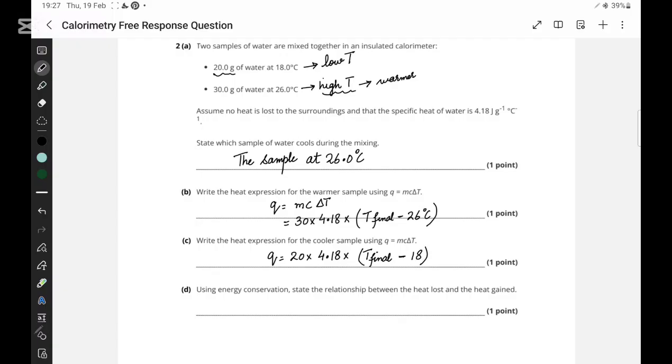Use energy conservation, state the relationship between heat lost and heat gained. We know that heat lost equals the heat gained by the other sample. With no heat lost to the surroundings, any heat lost by one sample must be gained by the other sample.